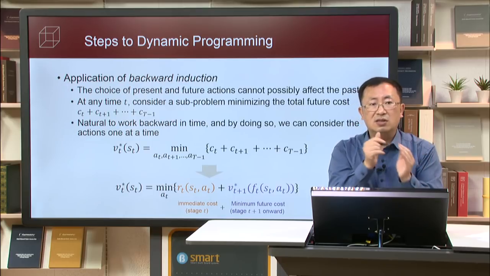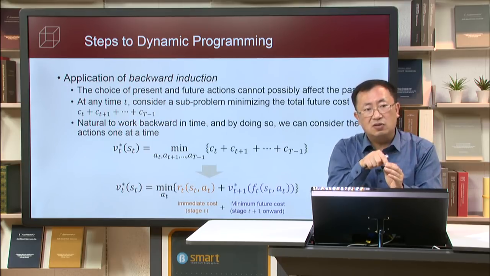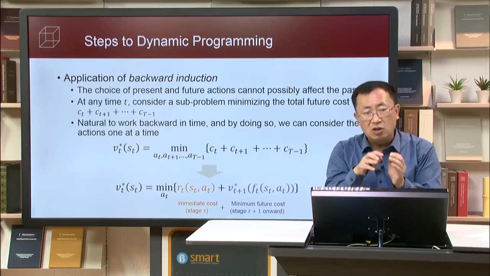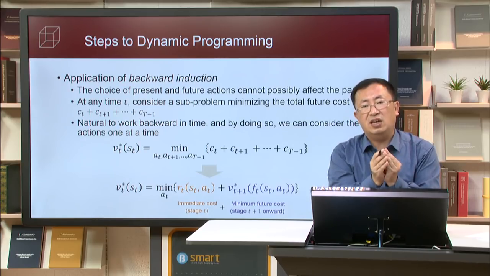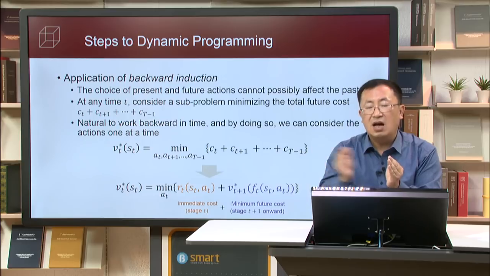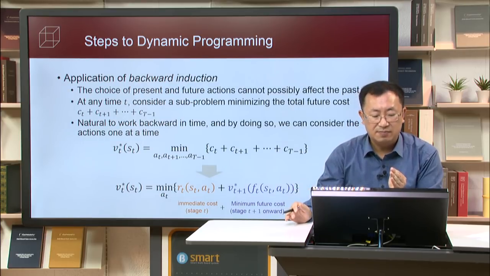It doesn't matter how you got to this current state. When you make the optimal decision for this state, this decision only depends on the current state and how many stages are remaining.